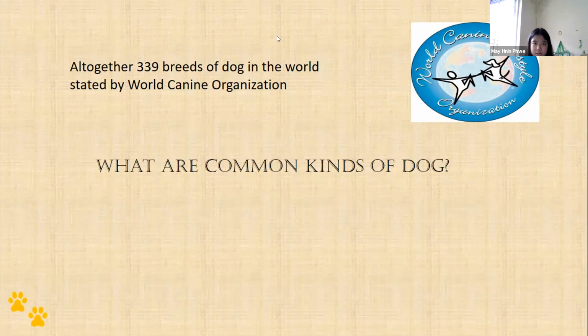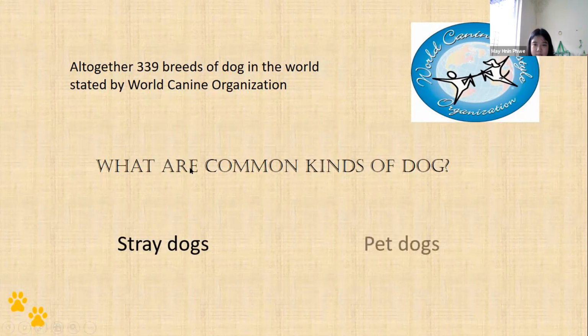First of all, there are altogether 339 breeds of dog in the world, stated by the World Canine Organization. Dogs come in several shapes and forms. Some dogs are very big, while some are very tiny, small, and fluffy. But you can commonly keep in mind that there are only two kinds of dog: first, stray dog, and second, pet dog.